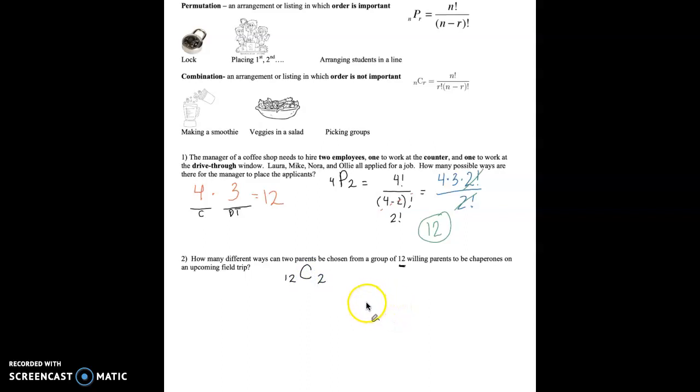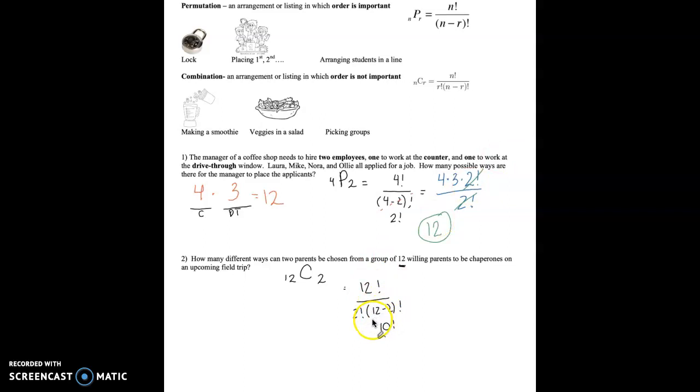So let's put that into that formula. It's going to be 12 factorial over 2 factorial, and then 12 minus 2 factorial. And again, what is 12 minus 2? That's 10 factorial.